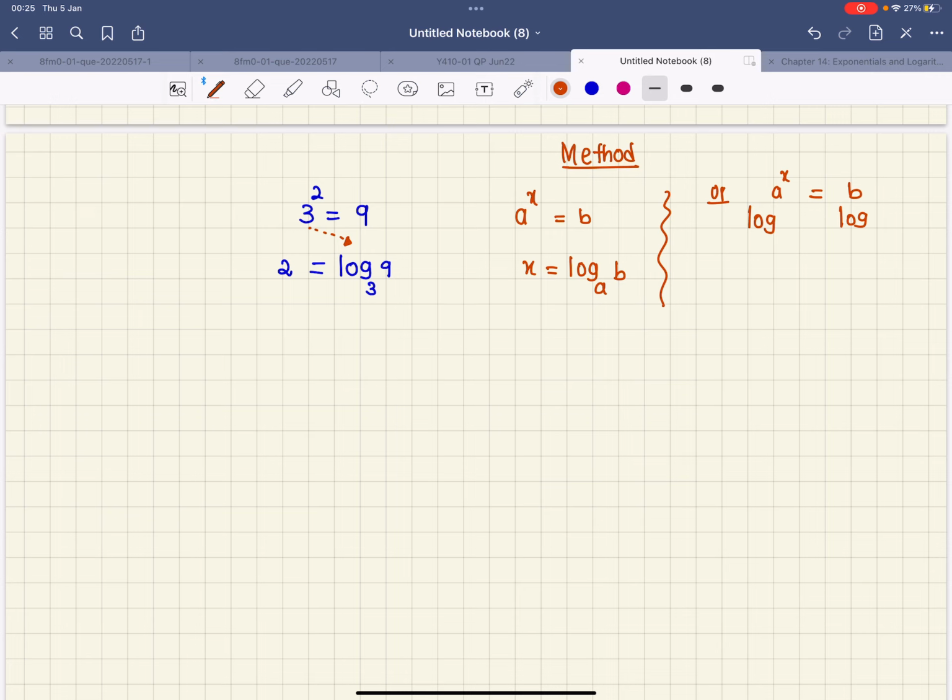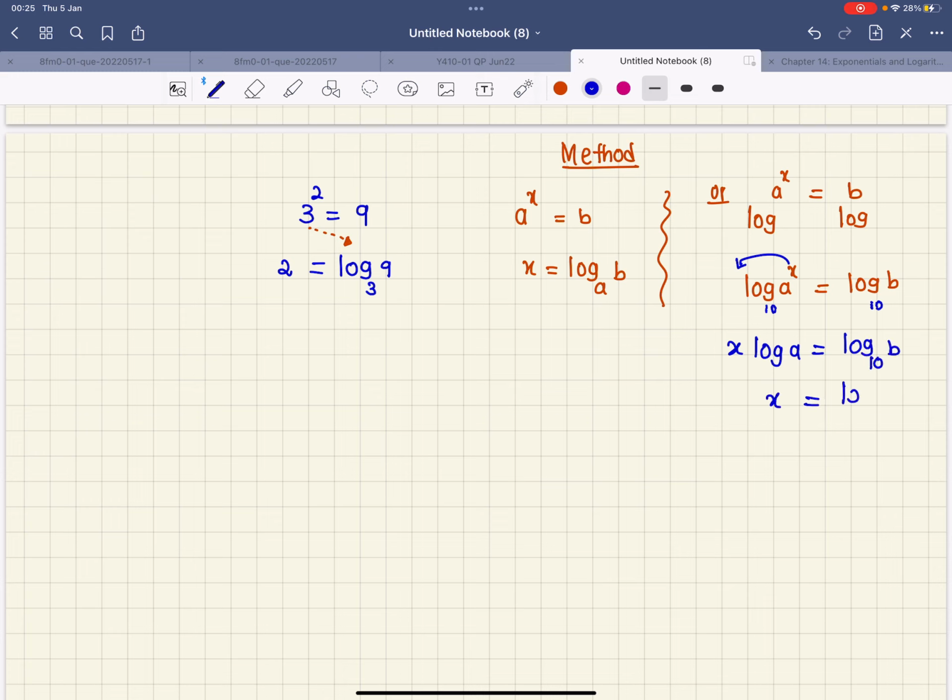So if you take logs on both sides, it's log a to the power of x is equal to log b. And in here, when I say log, there is a base. The base is hiding. The hiding base is called 10. Then you take the x at the front: x log a is equal to log_10 b.